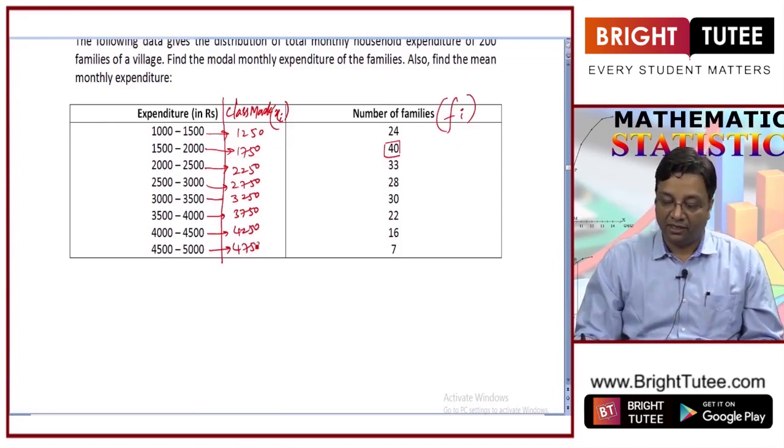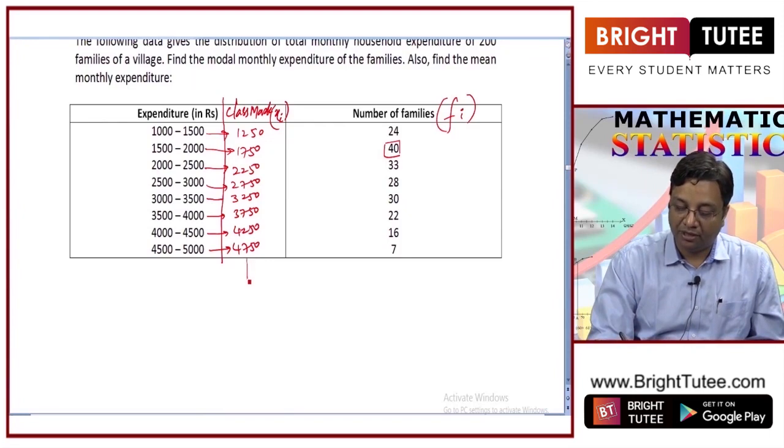So these are the class marks, which are big numbers.